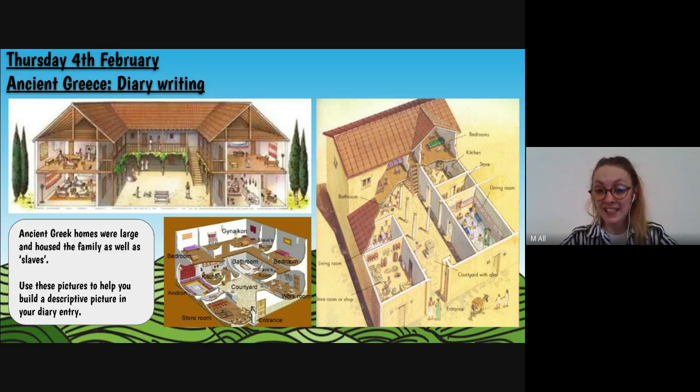But in ancient Greece, it was kind of expected that richer people would own slaves, and these slaves helped to look after the children, to keep the home clean and tidy, to go to the market and do all the shopping. And basically they waited hand and foot on the lady of the house, the wife, the mother of the house, because the man would go out to work or be a soldier or go and do fishing or go and trade at market.